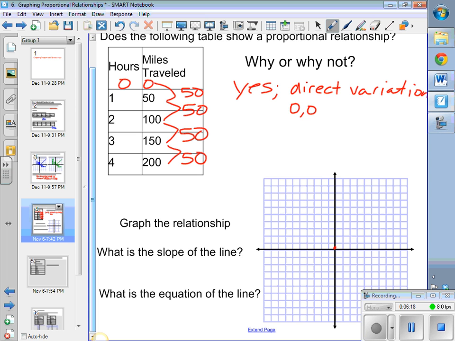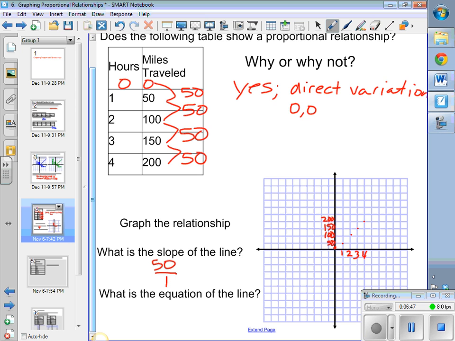And if I just did 1, 2, 3, 4, I can see if I went up by 50, 100, because I'm going up by 50s, 150, 200, right? So 1, 2, 3, 4. I have a straight line. So the slope of the line would be 50 over 1.